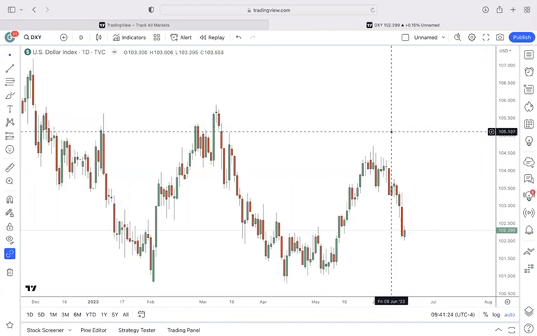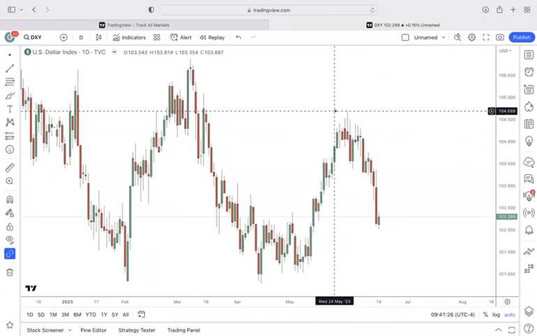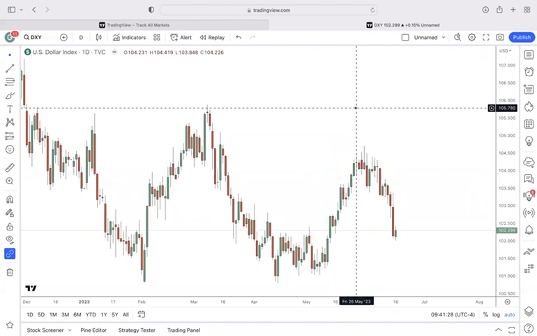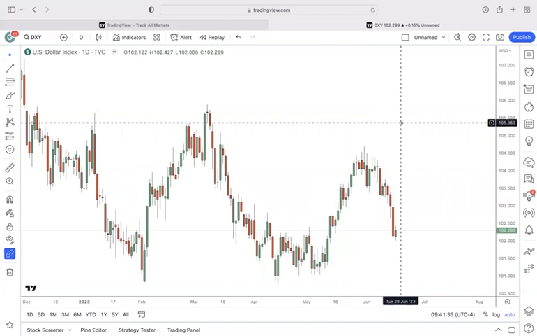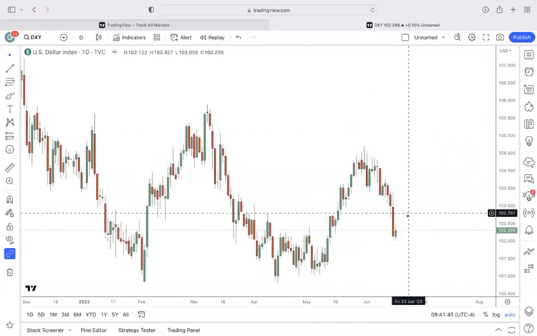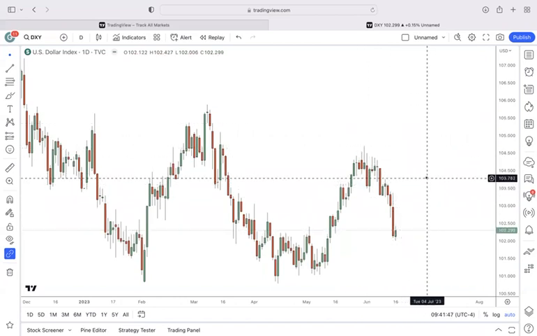And when I say why, I'm not talking about news events or economic numbers, nothing like that. I'm strictly talking about the price action, aka the PD arrays. So what PD array was used to give us this bearish dollar? That's what I like to ask myself.